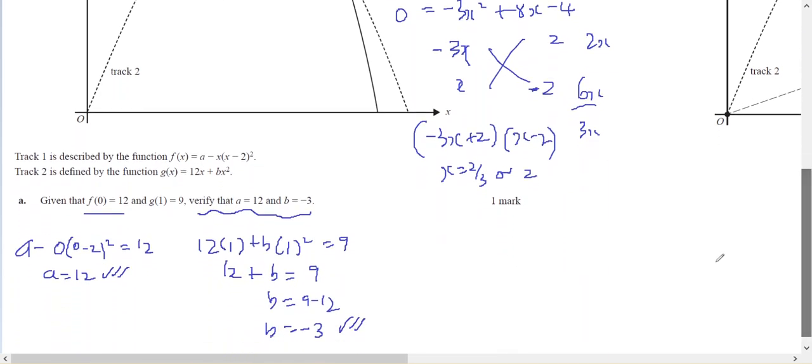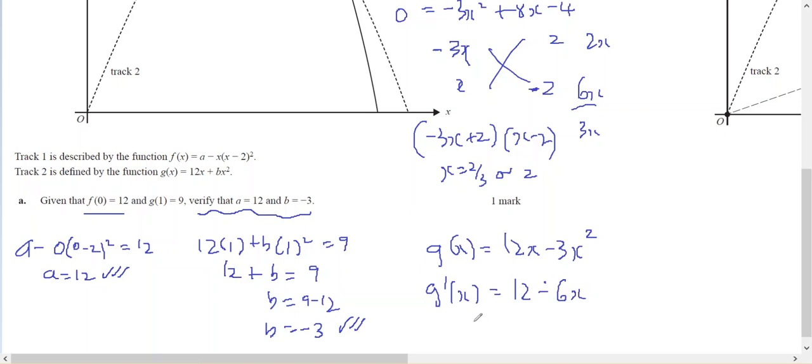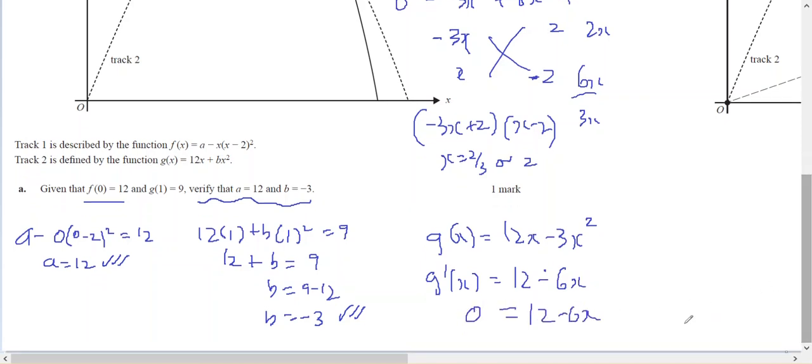And the same thing goes with g of x. With b equal to negative 3, g of x equals 12x minus 3x squared, and g dash of x equals 12 minus 6x. That will equal 0 when x equals 2. Therefore, both of them are stationary points at x equals 2.